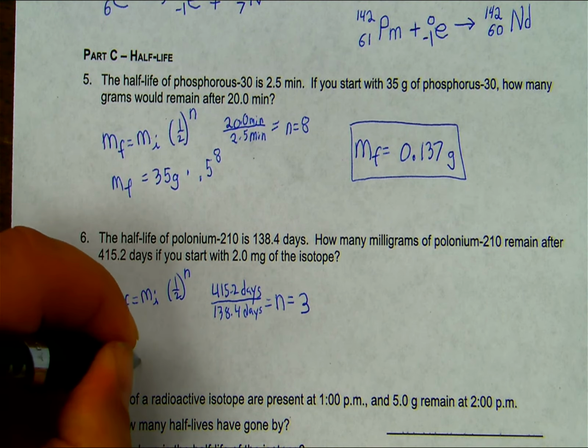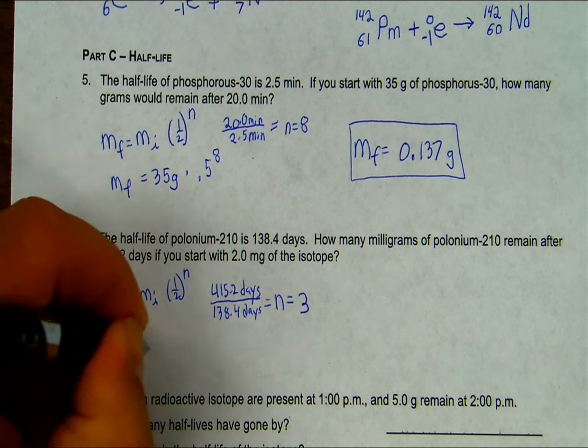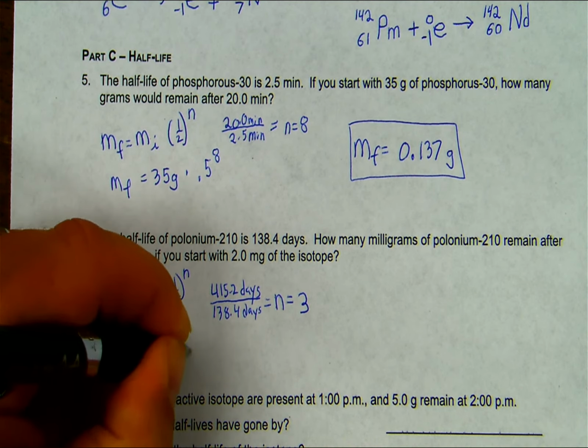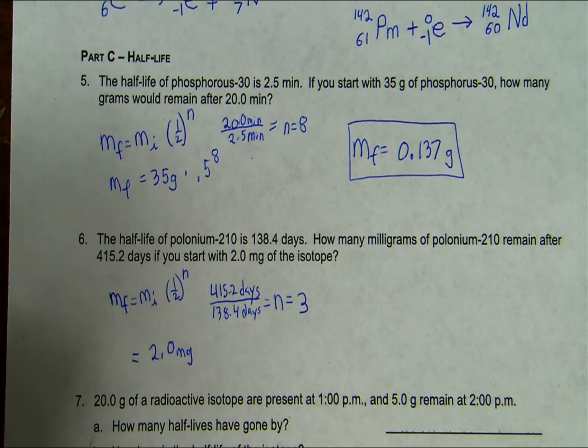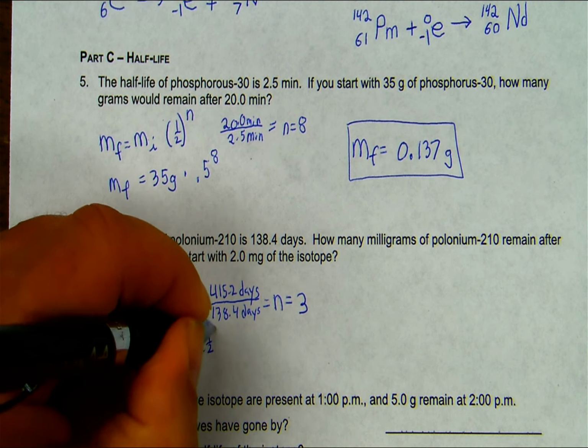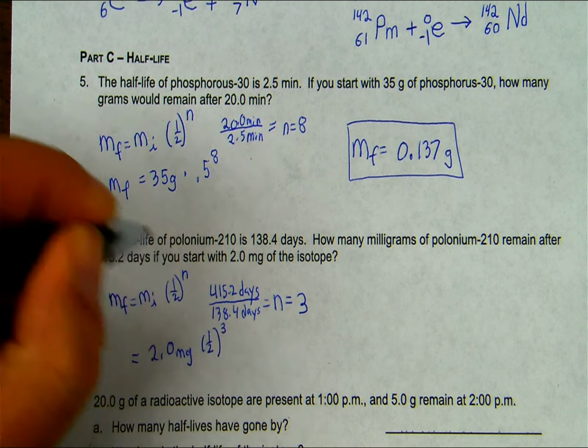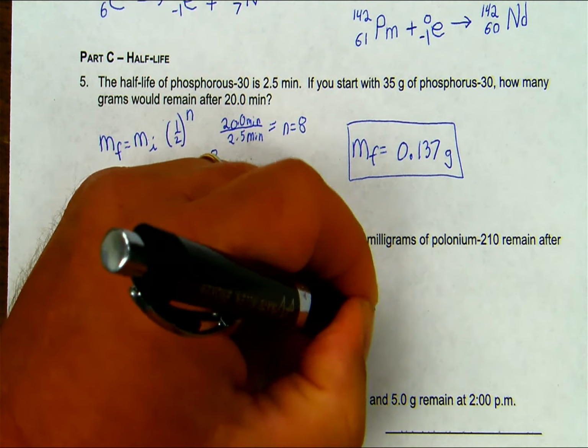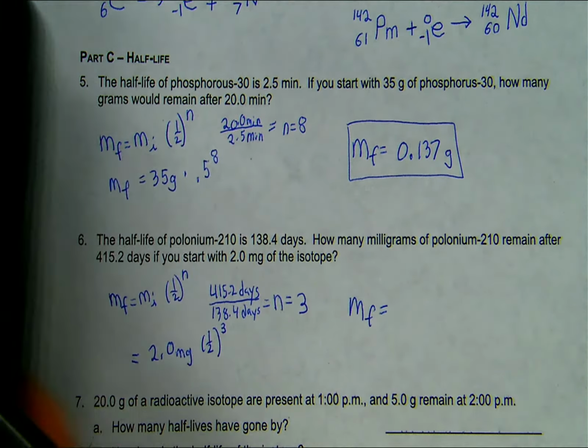Plugging it into the formula, we are starting with 2.0 milligrams. We might as well just leave it in units of milligrams, times 1/2 raised to the 3rd power. You could almost do that in your head.